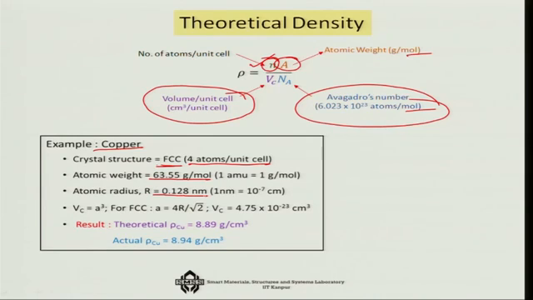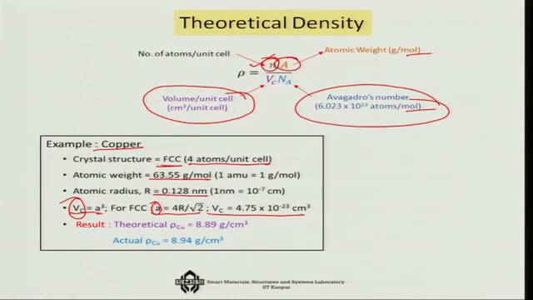Now, what is the volume of this system? What is the A to R relationship for an FCC structure, and since R is already known to you, you should be able to find out A. So, you should be able to find out Vc, and you will see this Vc will come out to be 4.75 into 10 to the power minus 23 cc, a very very small volume, but nevertheless we are talking at the crystal structure level.